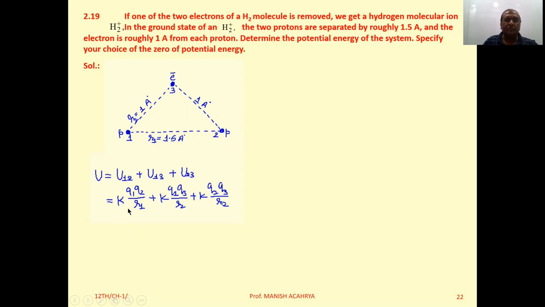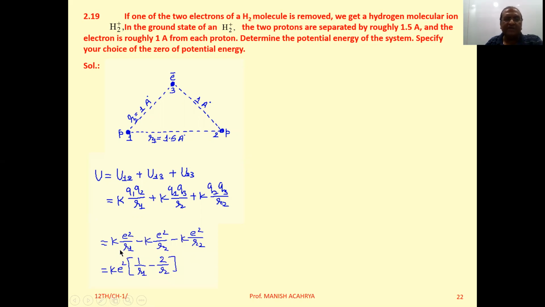So that is equal to K Q1 Q2 upon R1 plus K Q1 Q3 upon R2 plus K Q2 Q3 upon R2, because this distance R2 of the electron from each proton is the same. Now, charge 1 is a proton and charge 2 is a proton, so the charge is plus e.